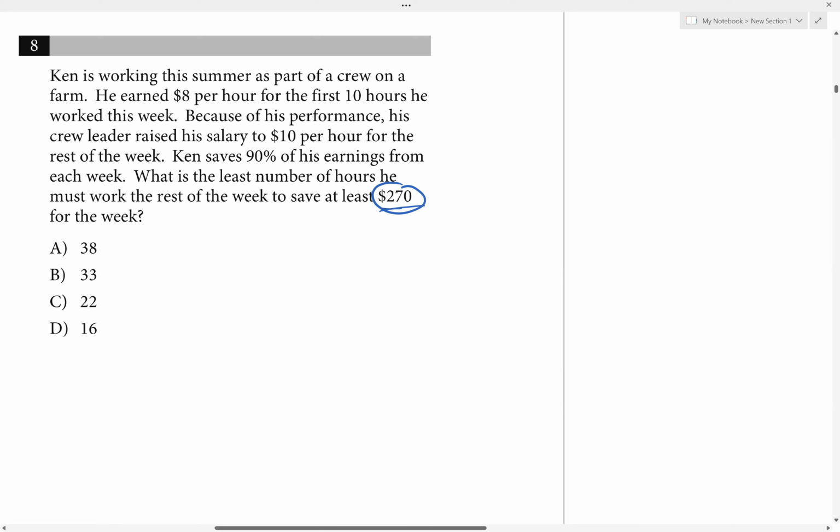So what we can say is this: if the total earning, we don't know what it is, let's just call it X for now. His total earning for the week is equal to X. Then 90% of this earning is going to savings, right?